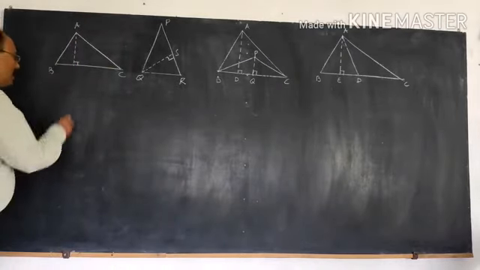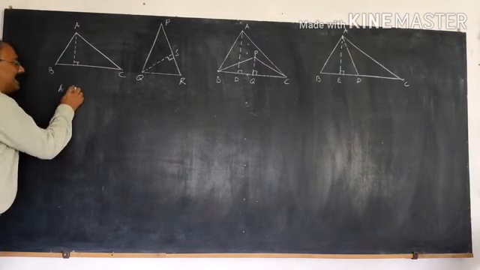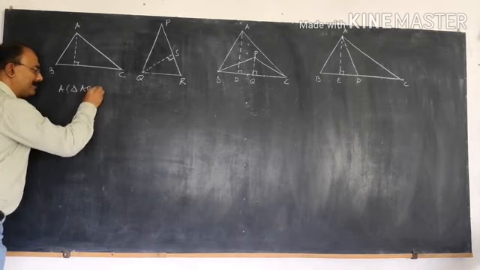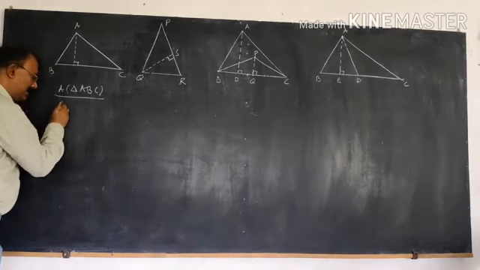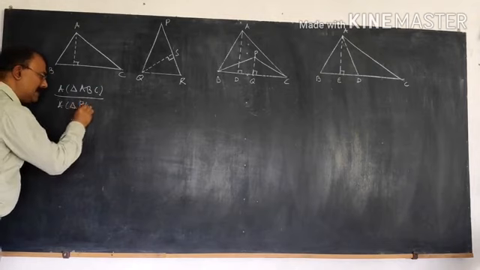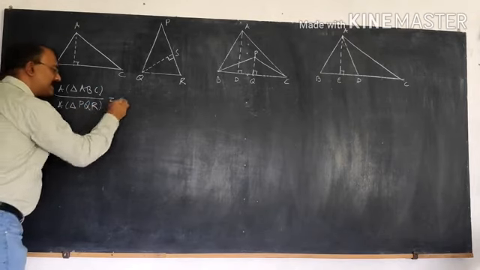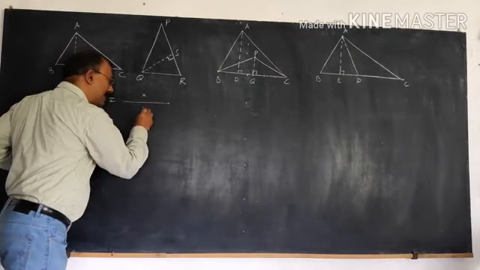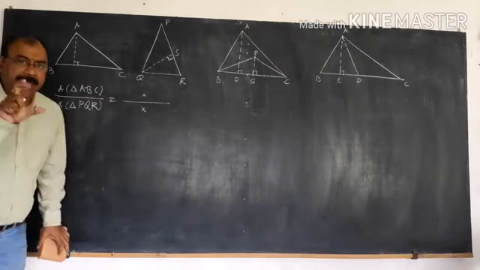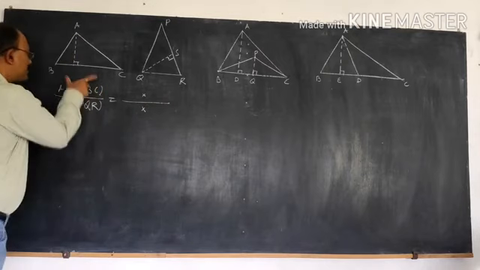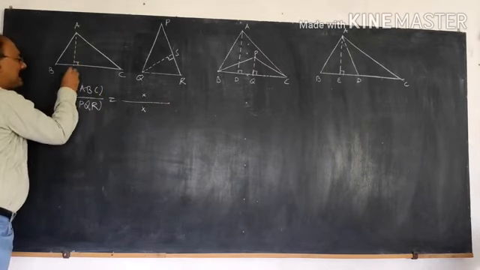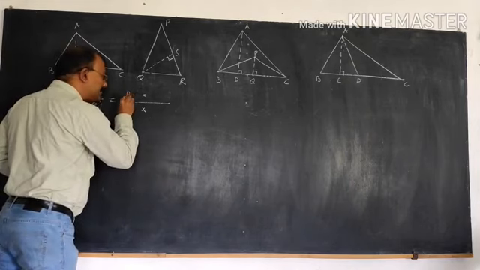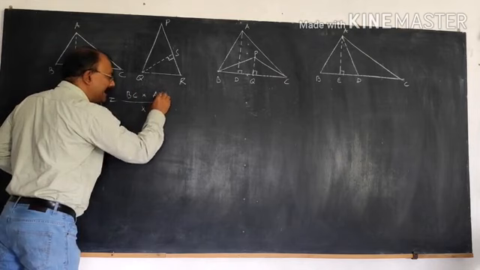Okay. Now, the property says that the ratio of areas, area of triangle ABC upon area of triangle PQR, this is equal to the ratio of products of base and corresponding height. So if I take BC as the base, I will have to take AD as the height. So BC multiplied by AD.